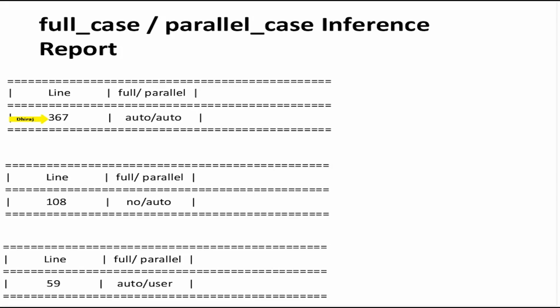It tells me here that line 367 of some file has a case statement and it is automatically full and automatically parallel. That means we haven't specified full case or parallel case, but by design itself, this case block has all the cases covered and only one case is true at one time. So it tells auto and auto. This is the best case scenario.